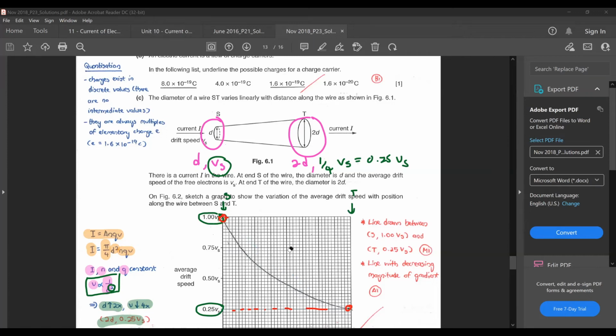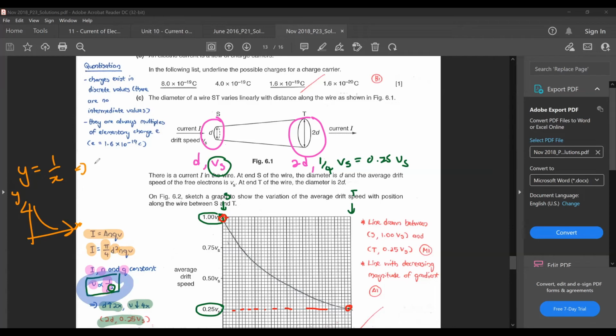I know it's going to be a curve because of this relation. V is inversely proportional to d. Remember last time if I told you y is equal to 1 over x, the graph that you should get for y over x is like this.